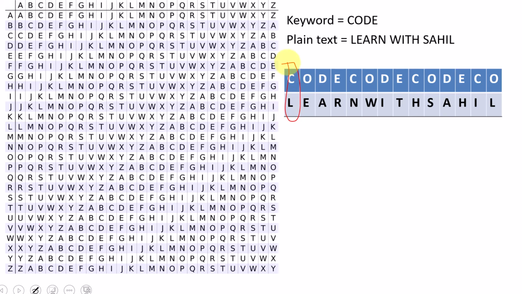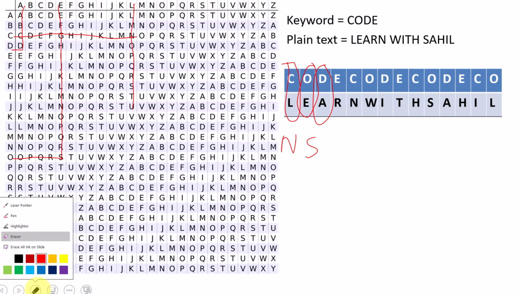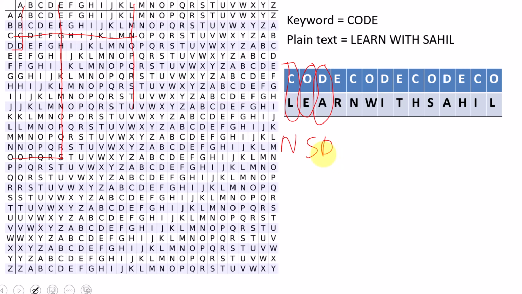The first pair L and C, that is N. The second one, E and O, so E from here up to O, that is S. The next one, A and D, that will be D.